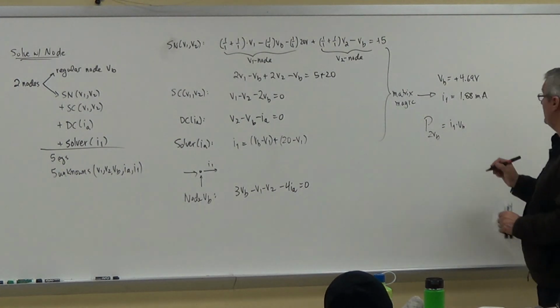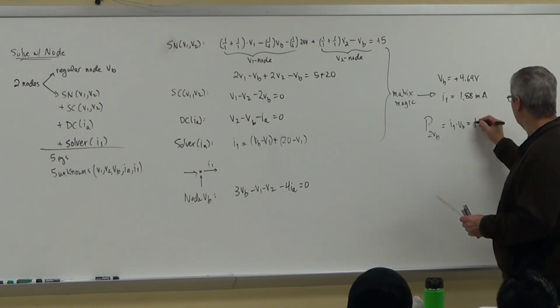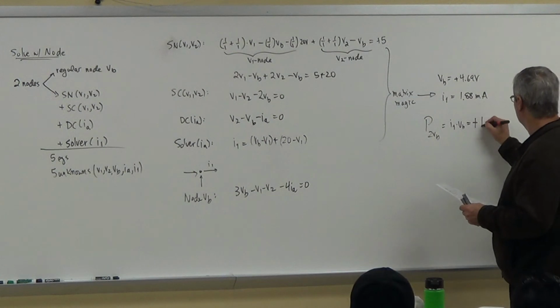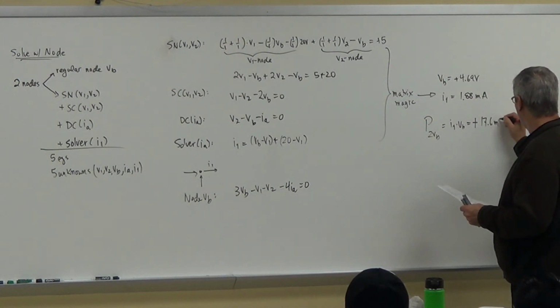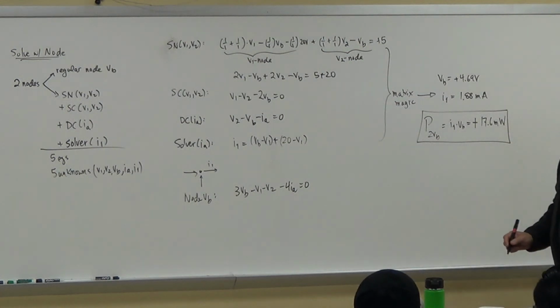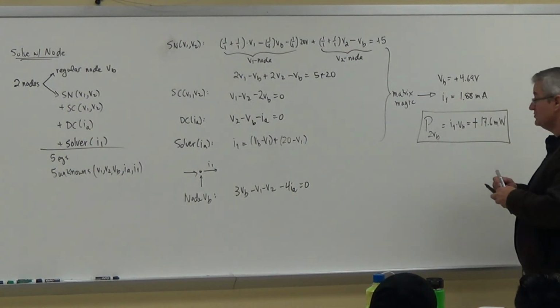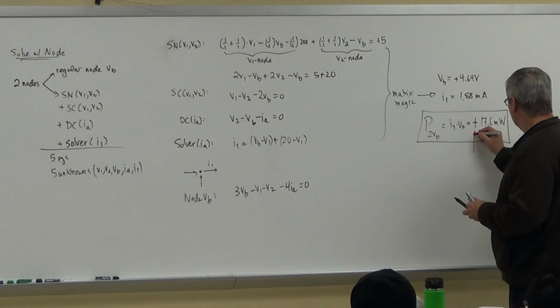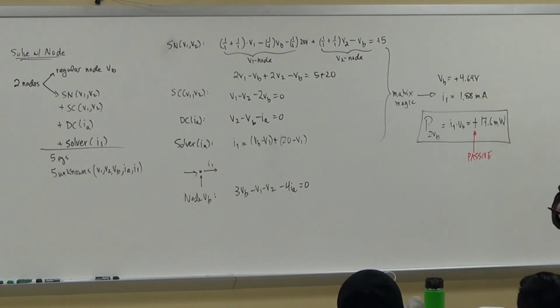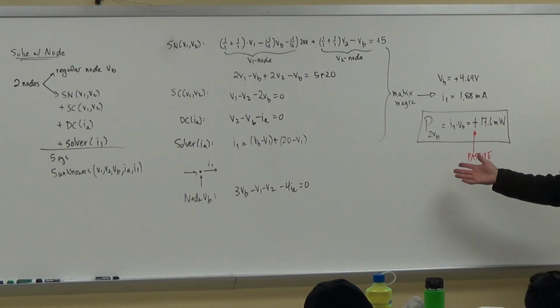When I multiply these two, I'm going to get a positive sign, which gives me 17.6 milliwatts. A positive sign means that it is passive. So that power supply is absorbing power from the circuit. Any questions?